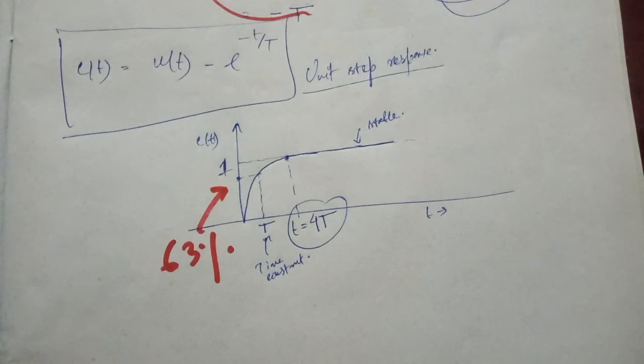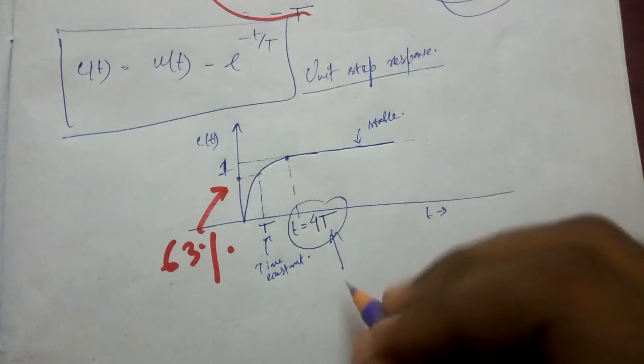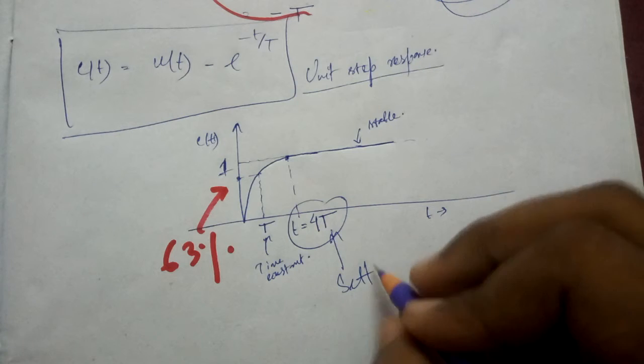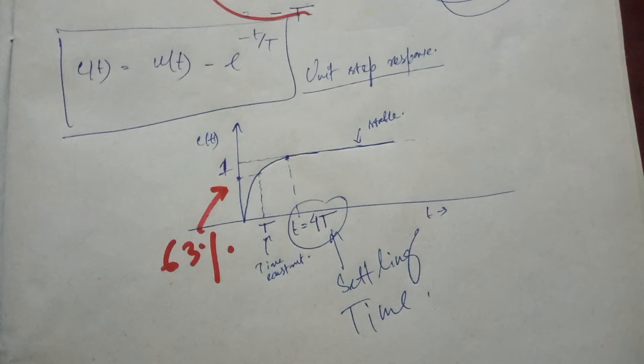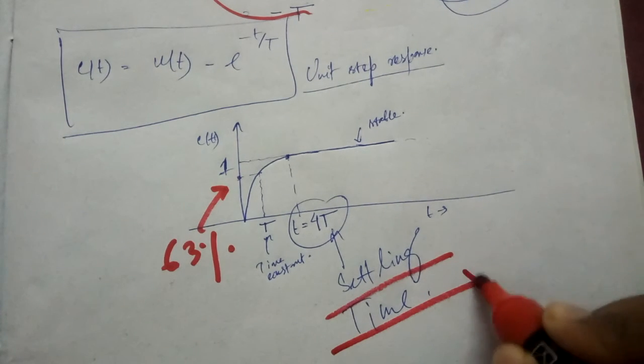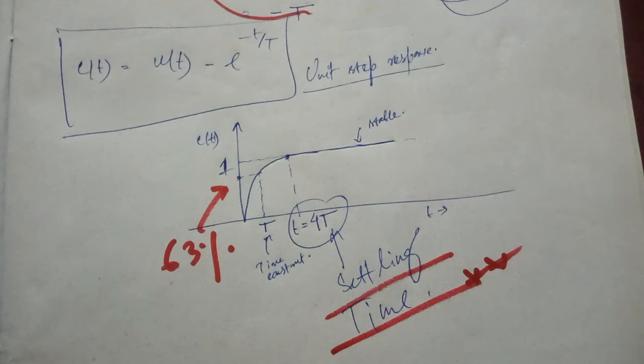When the response is 98% and the error is about 2%, we can tolerate it, the tolerance value. So this time is called settling time. Settling time, very very important, you have to remember this. This is settling time, and T is the time constant.